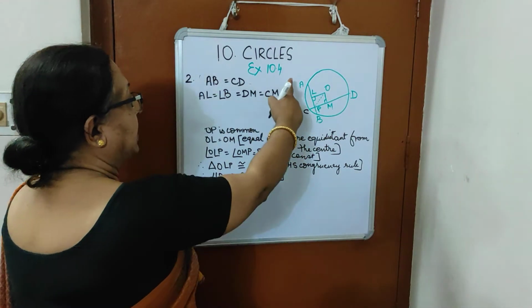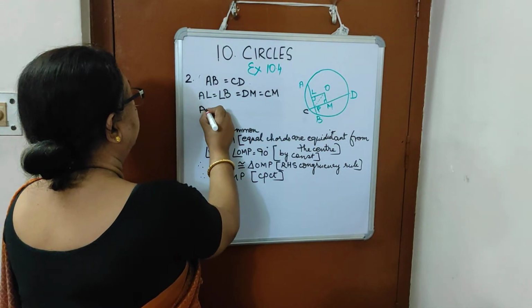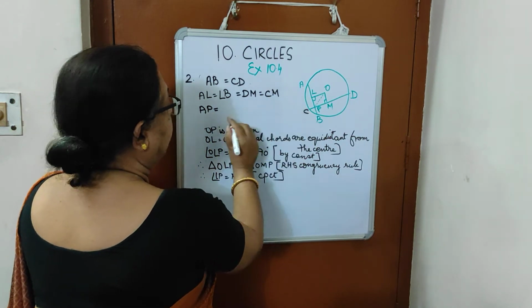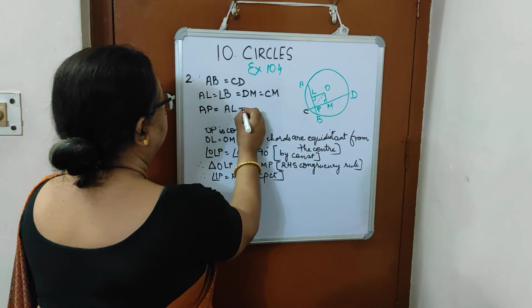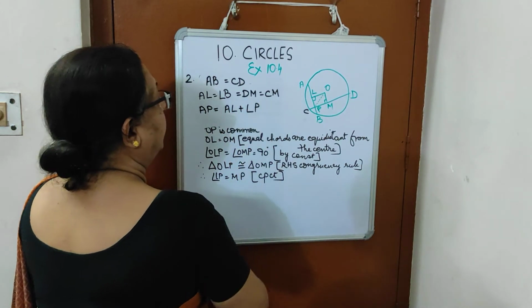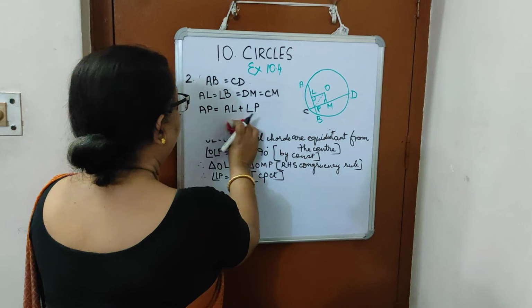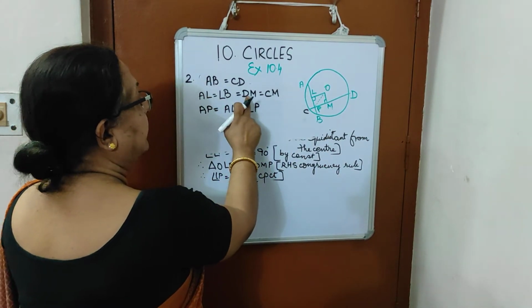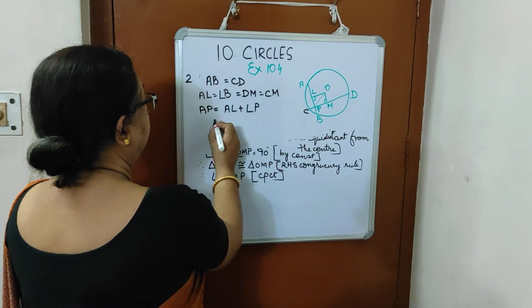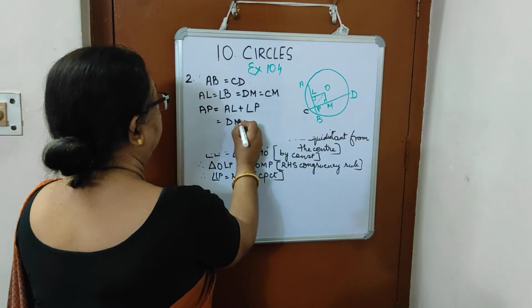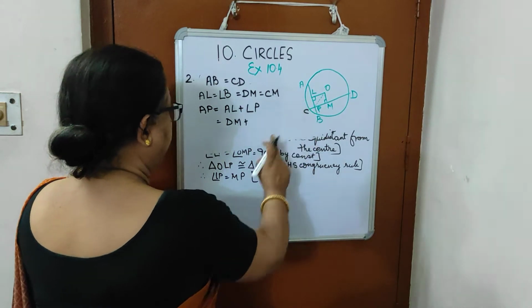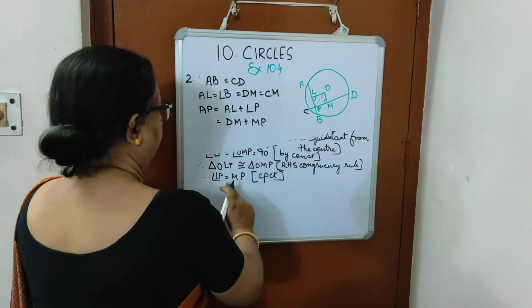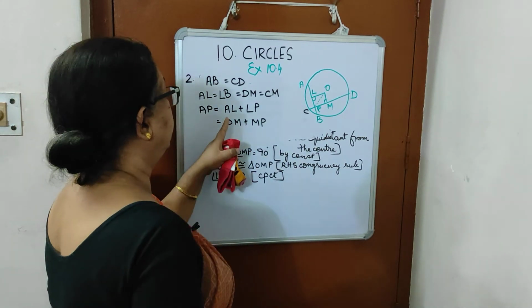Okay, now let's come to AP. Now AP is equal to AL plus LP. For AL we can write DM, they are equal, and for LP we can write MP from here, isn't it?